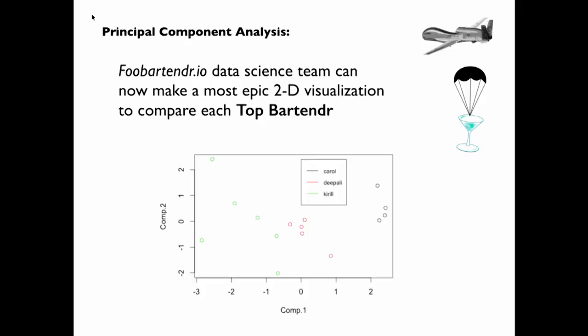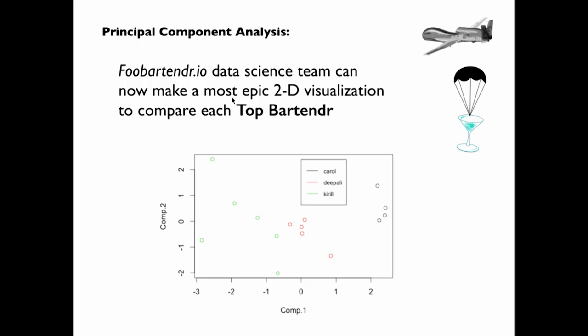Basically, foobartender.io data science team has used Principal Component now to take this large visualization in 4D, transform it down into 2D, something that's very consumable. And so you can see here, if I take all the data points of the different bartenders and they're color-coded, I've got component 1 on the X and component 2 on the Y. And Kirill is shown here in light green, DePauli in red, and Carol in black.